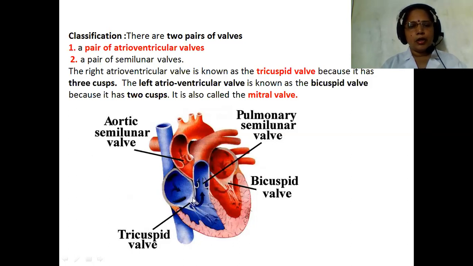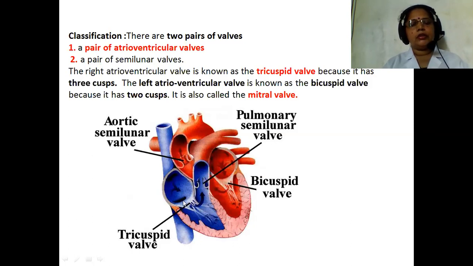This part is called the atrioventricular valves, divided into two parts: first the right atrioventricular valve, also called the tricuspid valve, and the left atrioventricular valve, also called the bicuspid or mitral valve.